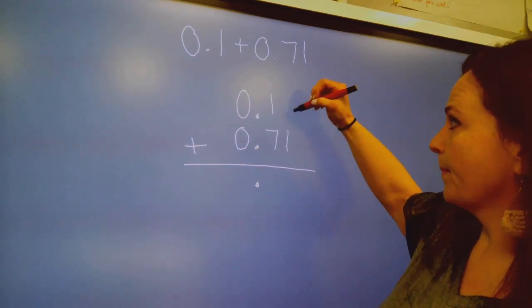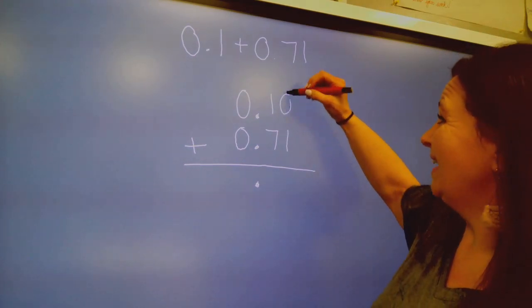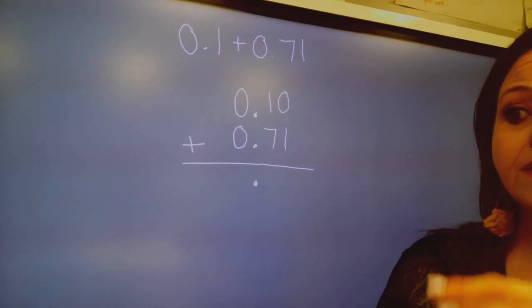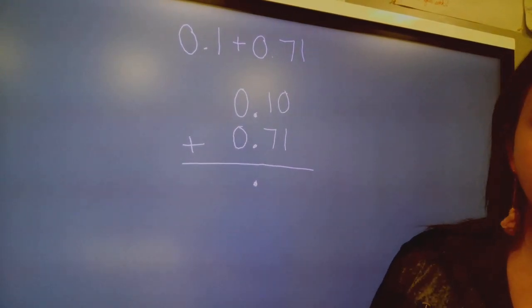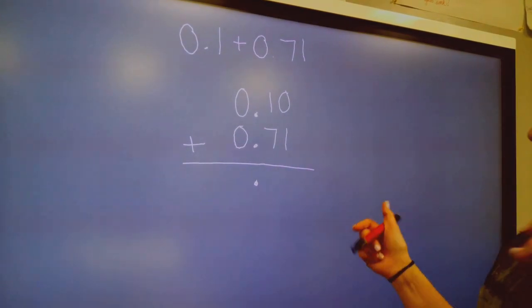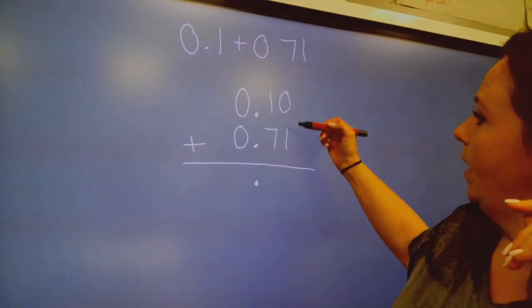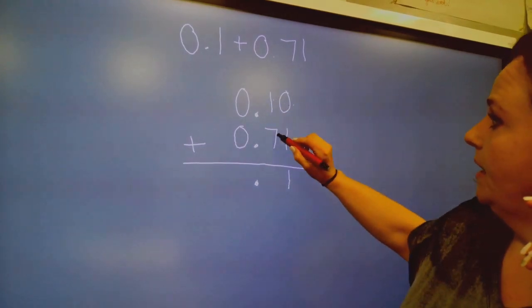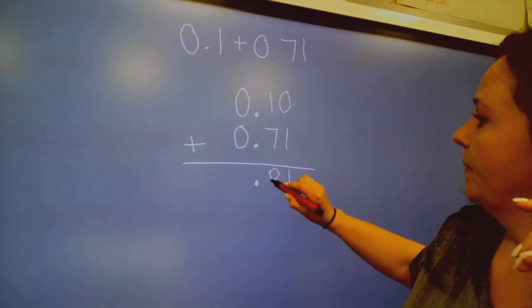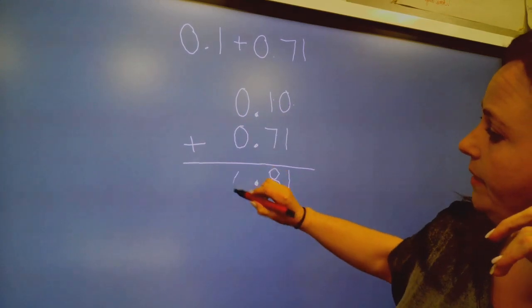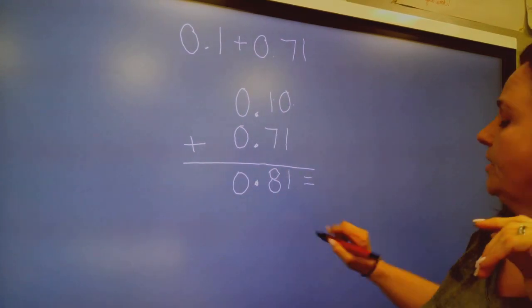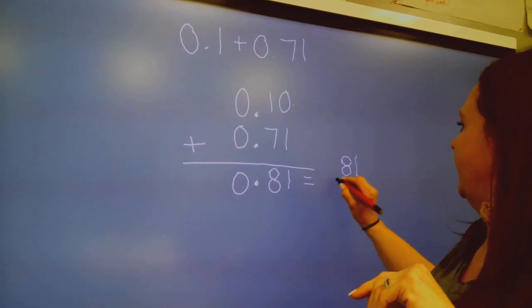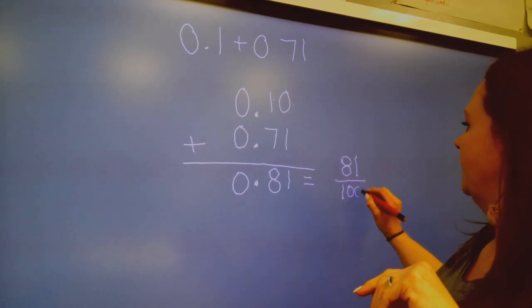What do I do here? You put a 0 behind it. Yes, I can annex that 0 there because there was nothing there. 0 means nothing, so I can go ahead and fill in that 0. 1 plus 0. 1 plus 7. 0 plus 0. So, 81/100. We can also write it as 0.81.